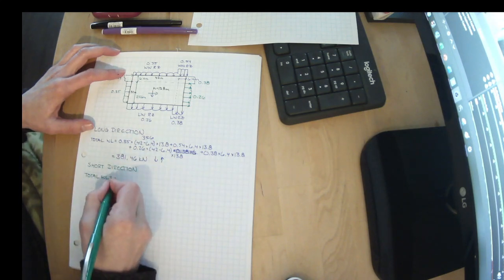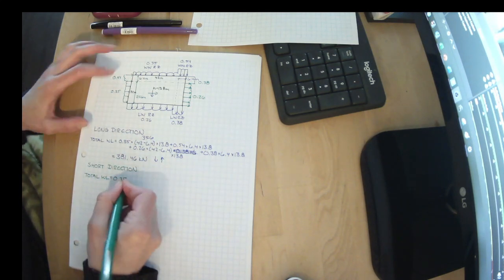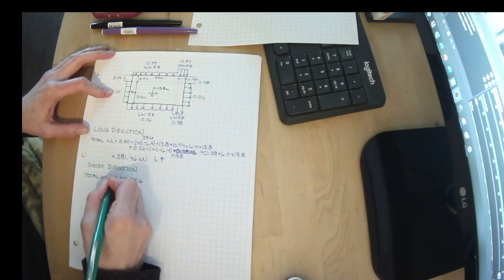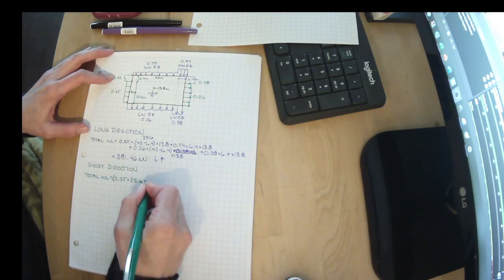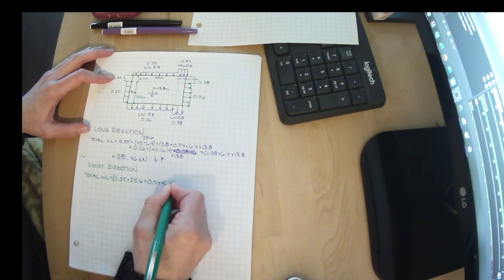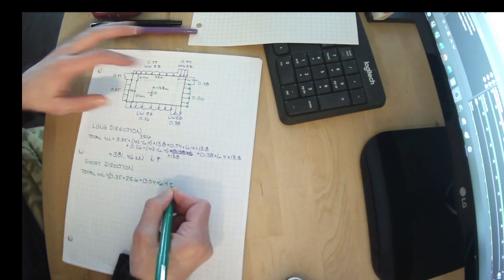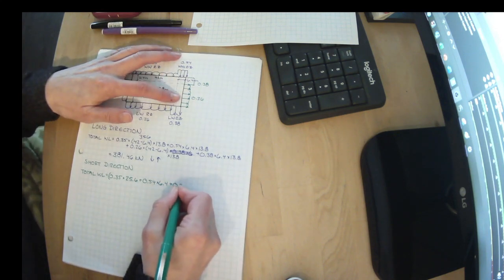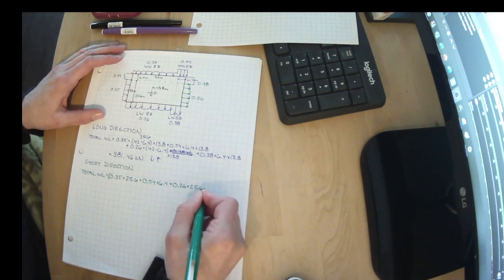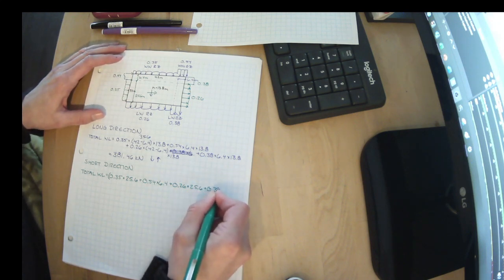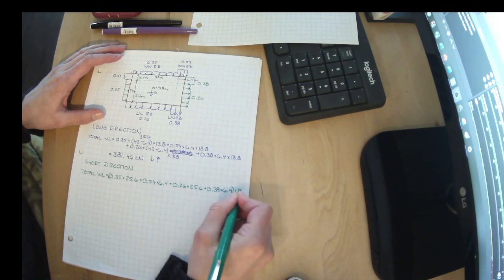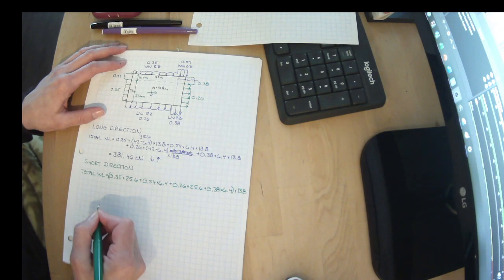So we have 0.35 times 25.6 plus 0.54 times 6.4 plus 0.26 times 25.6 plus 0.38 times 6.4 times 13.8 meters tall.